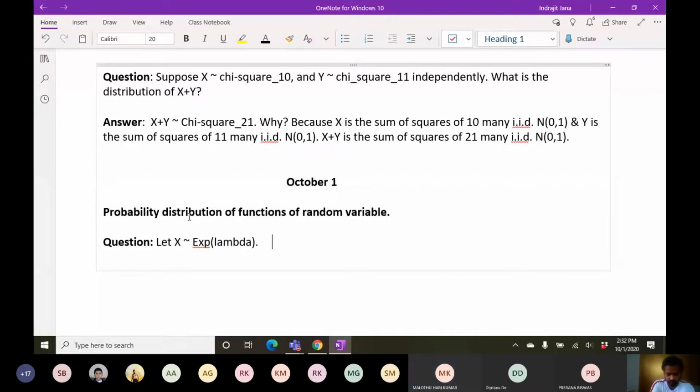So you want to find the probability distribution of, let's say, log x. Whenever I write log, I mean ln of x. It's base e.